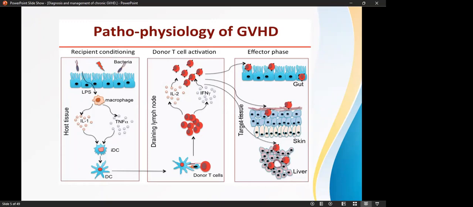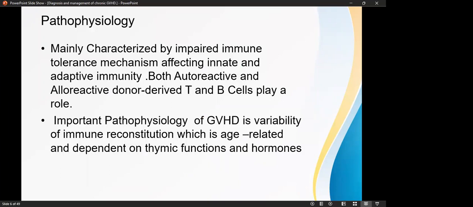And this acute GVHD extends to chronic GVHD, which is mainly characterized by an immune tolerance mechanism affecting the innate and adaptive immunity. Both autoreactive and alloreactive donor-derived T and B cells play a very important role in GVHD.